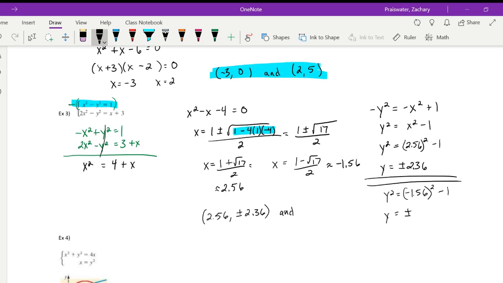So 1.56 squared, and then minus 1 in the square root of that is about 1.19. Actually, it's 1.20. So that's negative 1.56 and 1 plus or minus 1.20.